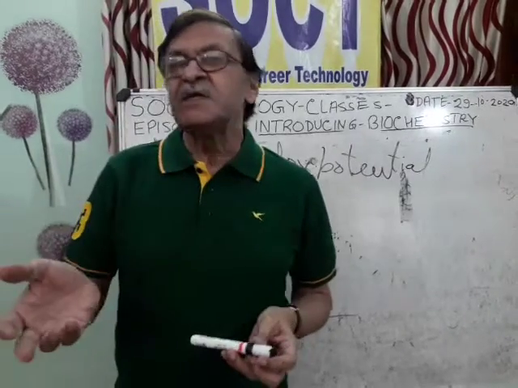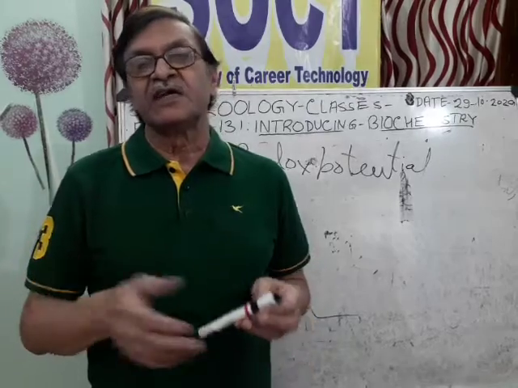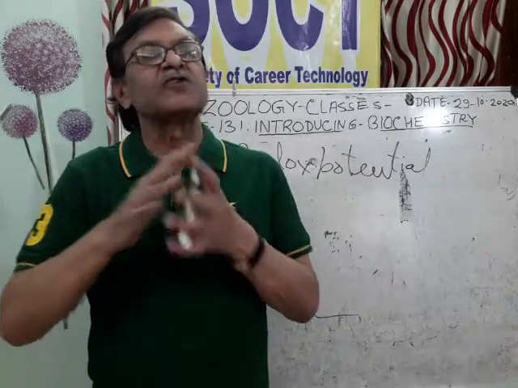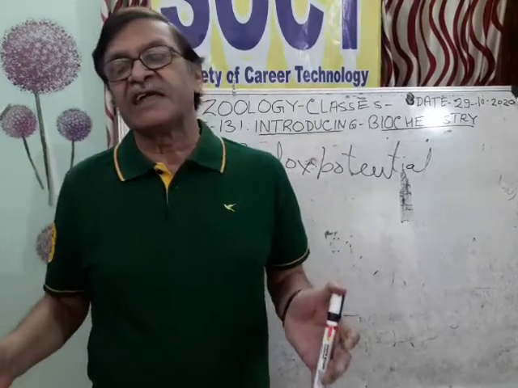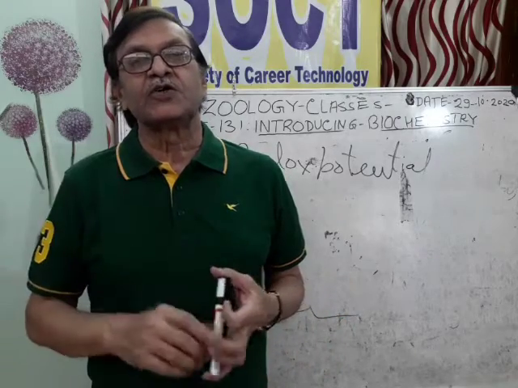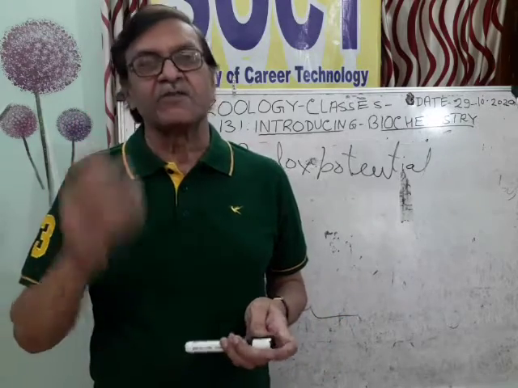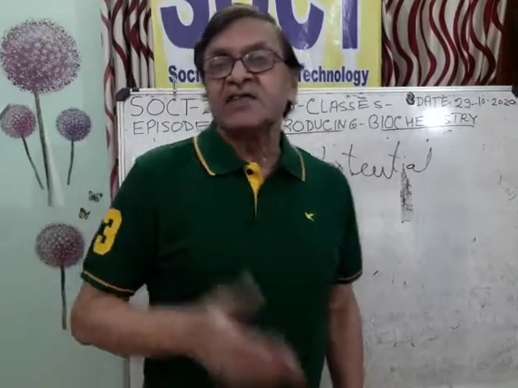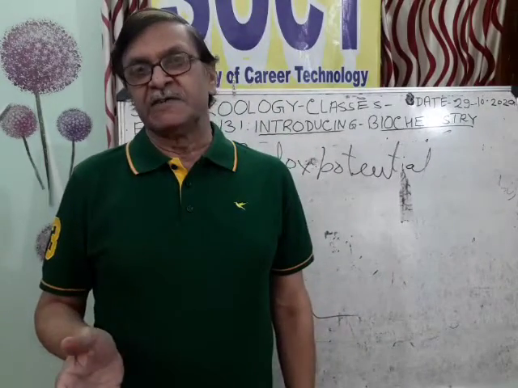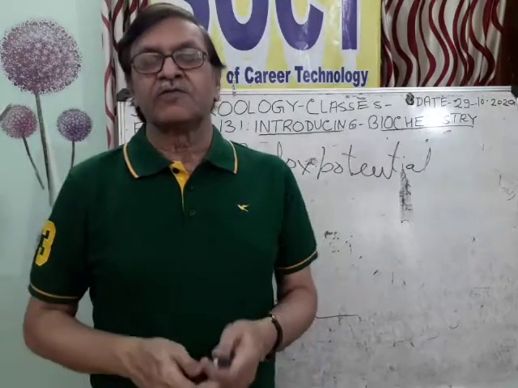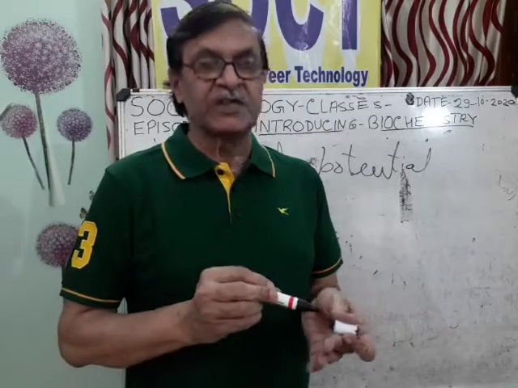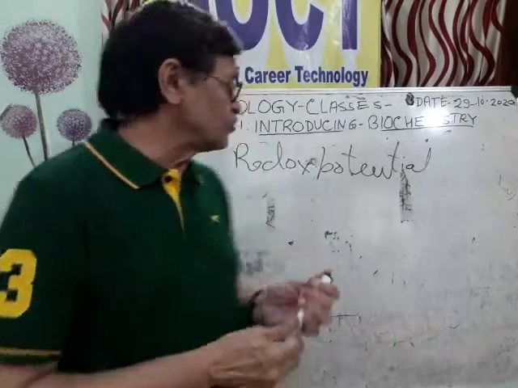So at many places in biochemical reactions, there is a gradation of redox potential among the different reactions of the cycle, and they control the direction of the reaction. So this is the basis of biochemistry. After that, from the next turn, we will study different biomolecules.